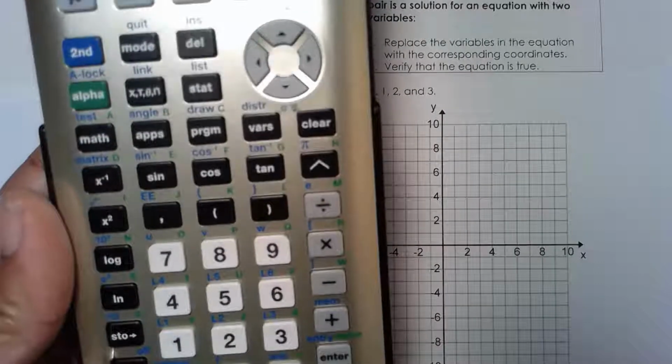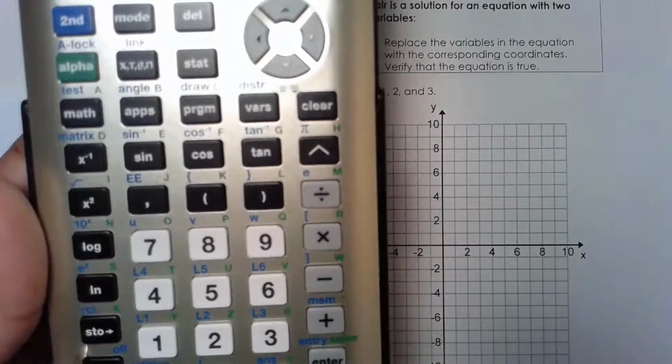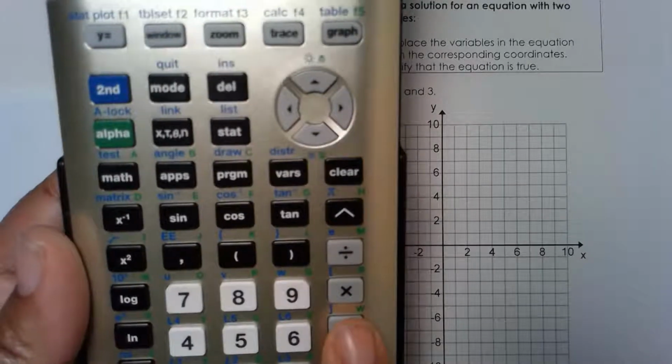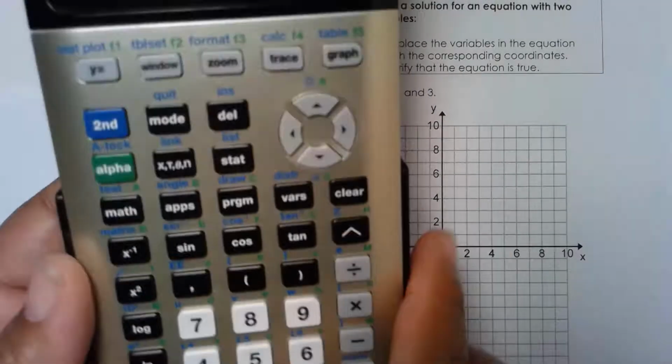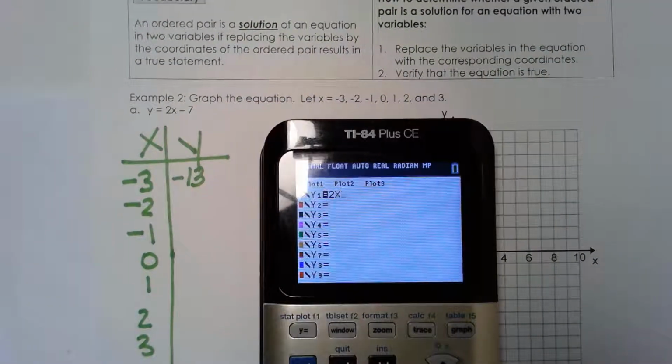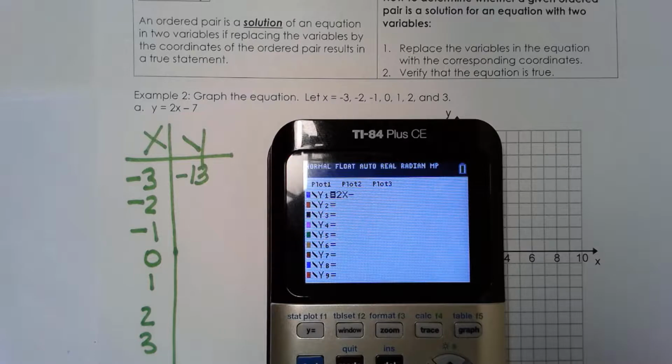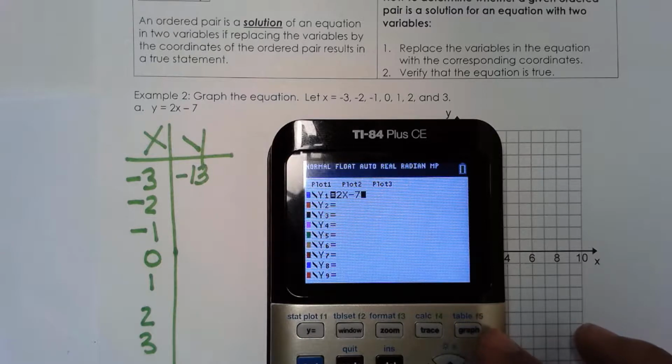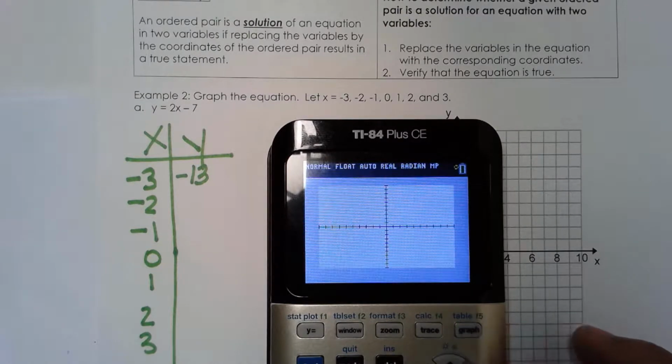So here you have your negative key, and here we have the minus. Well, we don't have a minus 7, we would say negative 7. So let's go ahead and put in -7. And then if you want to see the graph, you have a graph button right here that I'm pointing to. Press it, and you'll see the graph coming through.